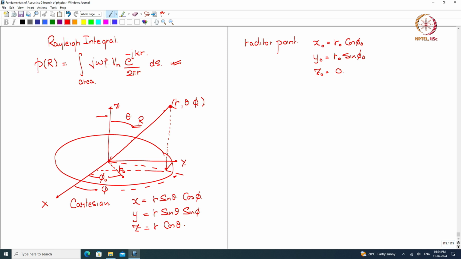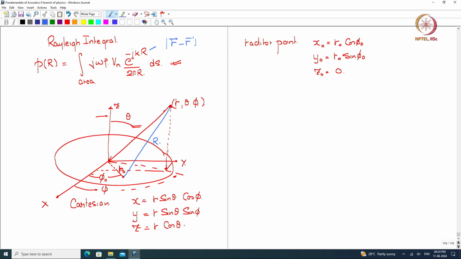So I will make this capital R. Now this distance is what is R. You remember this was the magnitude of R vector minus R dash.